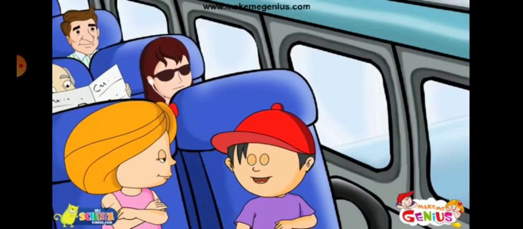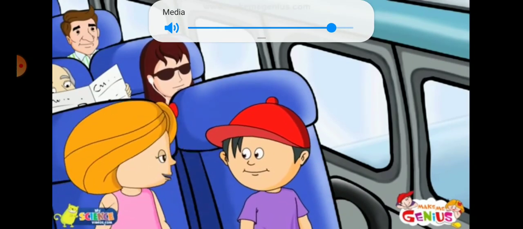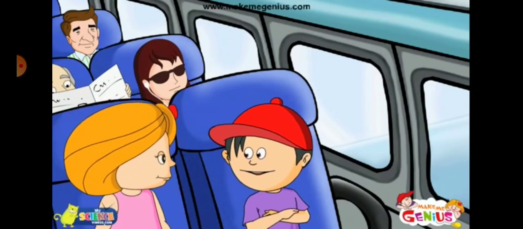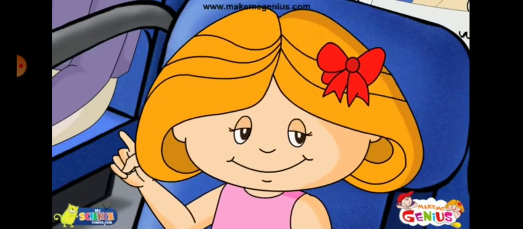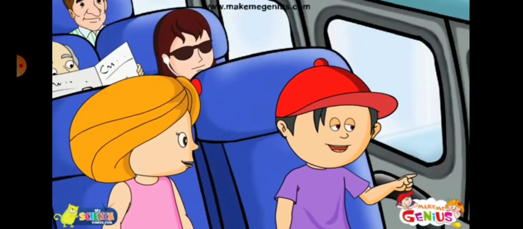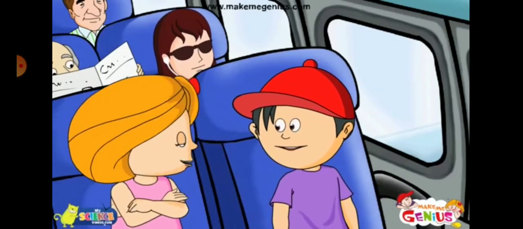I am so excited about this trip to Paris. Yes, we will visit many places and have lots of fun. We will be landing in Paris in about 30 minutes. Paris lies in coordinates 48.8 degree north and 23.3 degree east. Thank you. Yes, that's correct. Then why did the air hostess say it lies in coordinates? Is she confused? Shall I go and correct her?